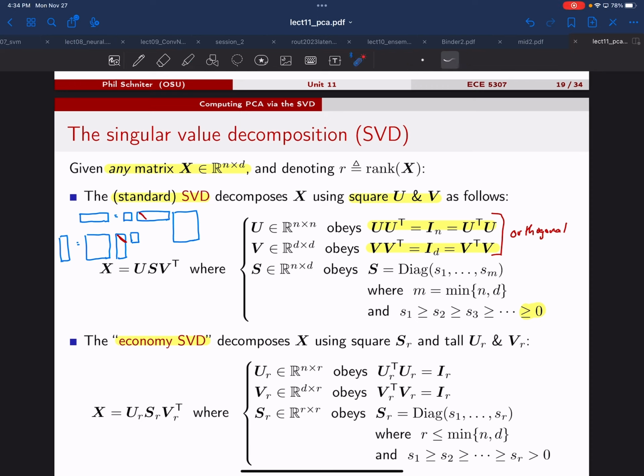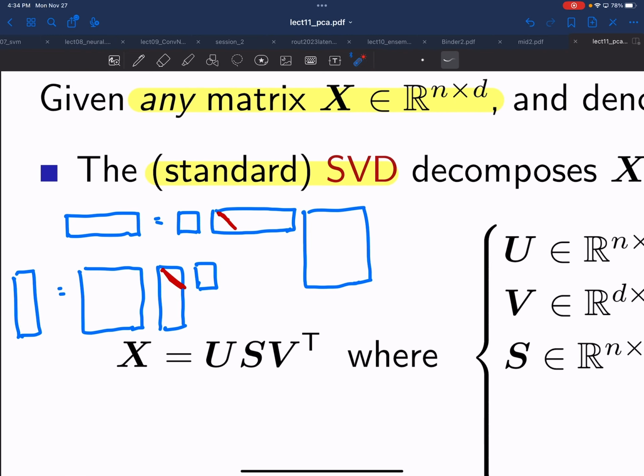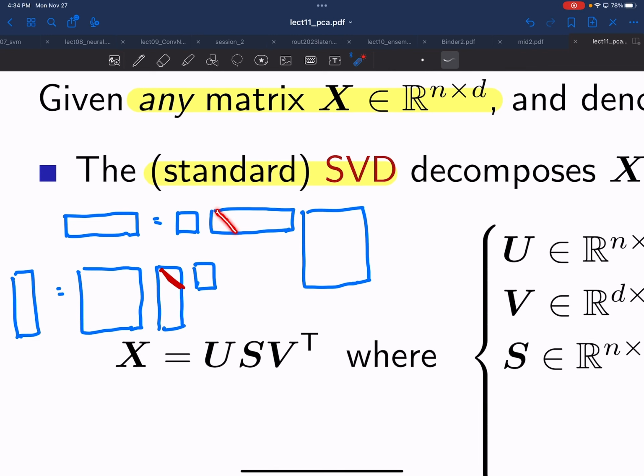If we say that there's m of them, you can see from these pictures, the number along this diagonal is going to be the minimum of this dimension or this dimension. So in this wide case, the number along the diagonal matches this. In the tall case here, it matches this dimension.